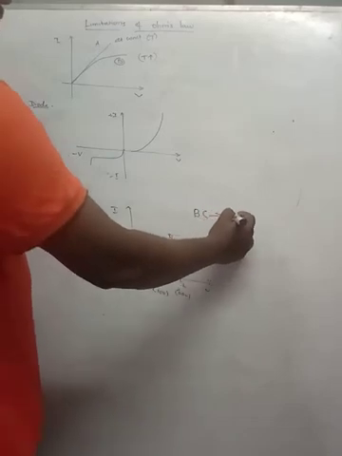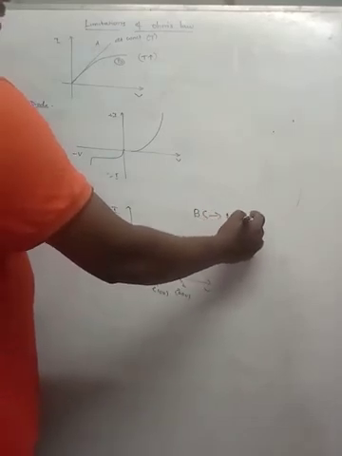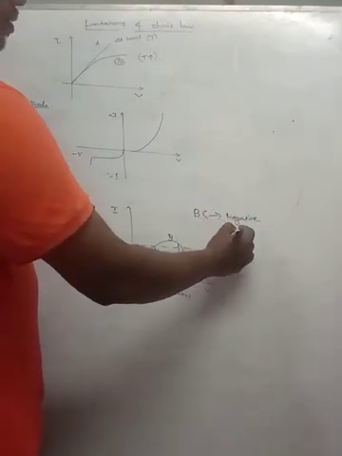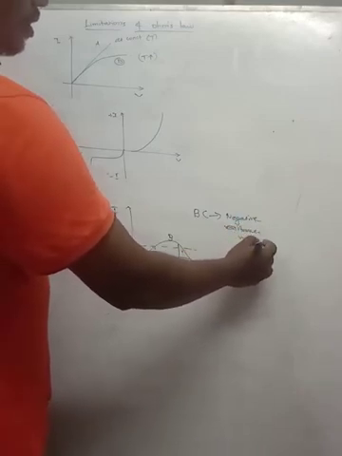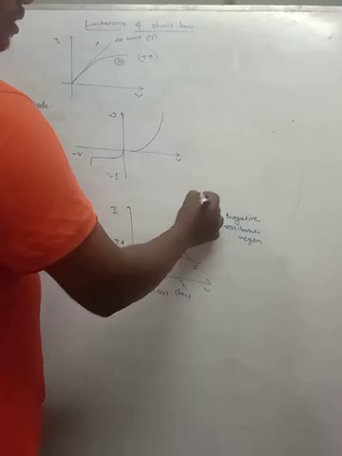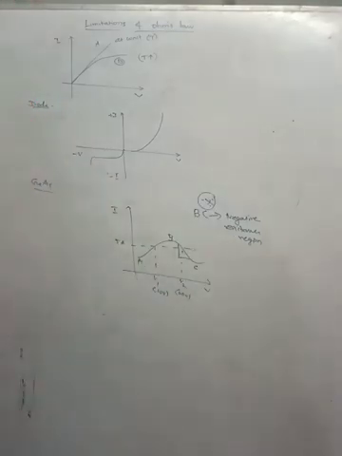BC. So BC is the negative resistance region. Don't forget, BC is the negative resistance region. Understood? So these are the limitations of Ohm's law.